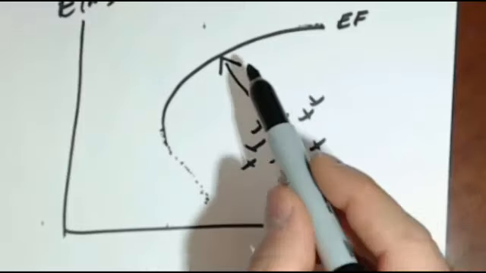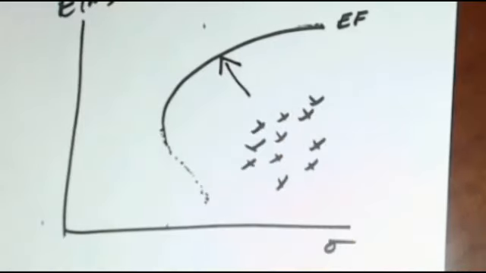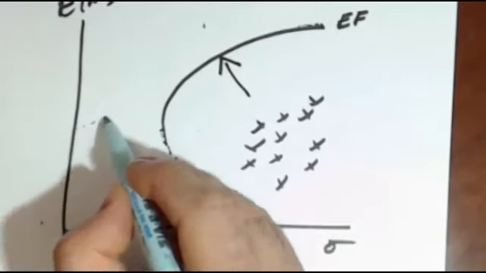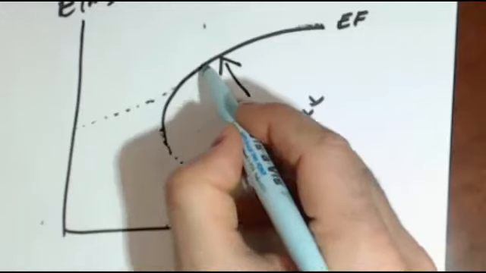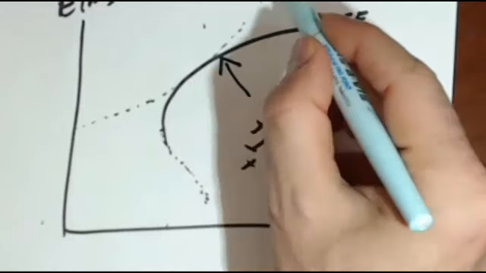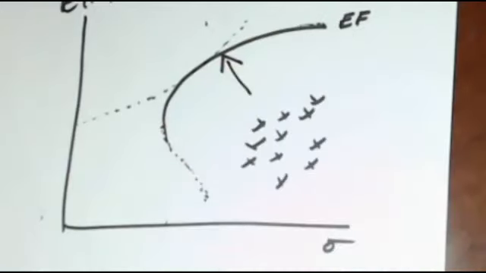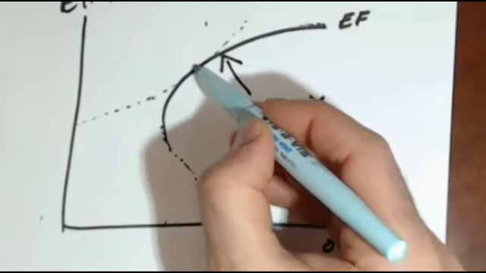So your goal is to get on this line, because when you're on this line, you're maximizing your utility, and utility, say through a measure of an indifference curve, would look like this. And so you get the most utility you possibly can at this tangent point.